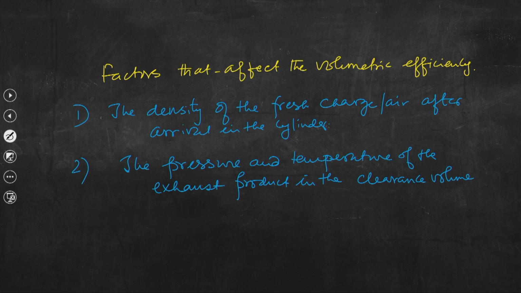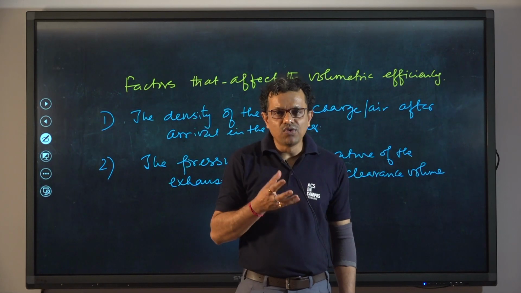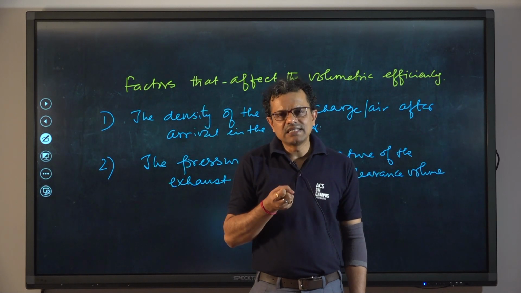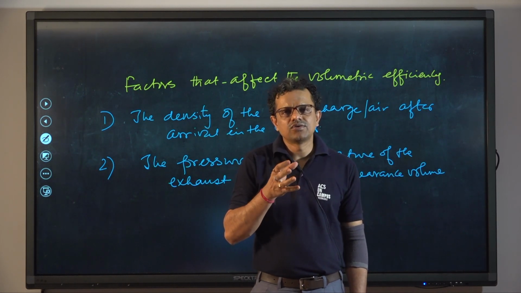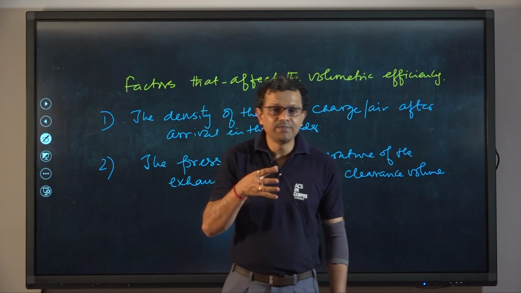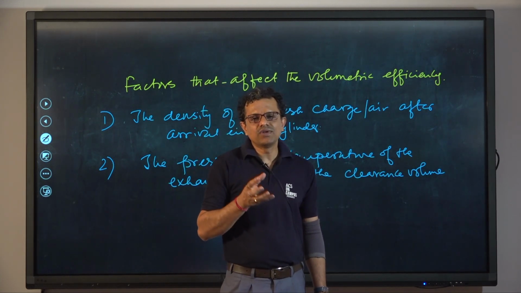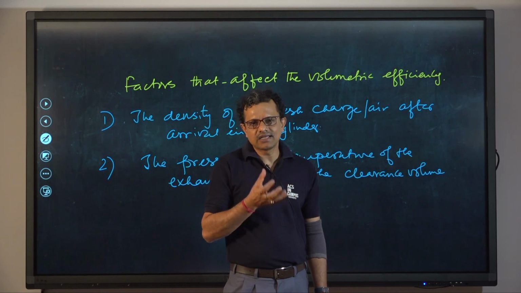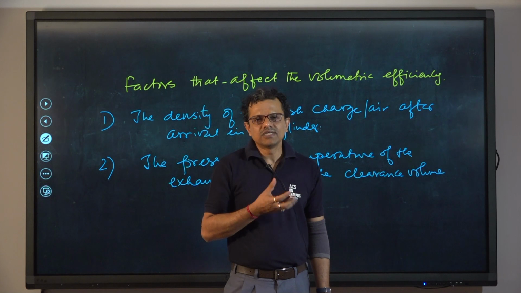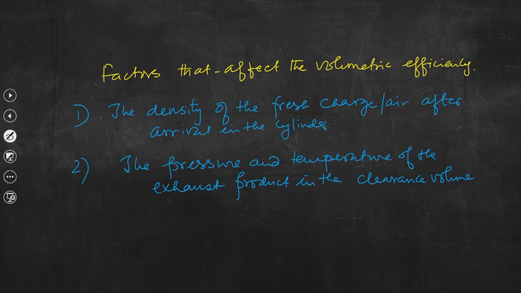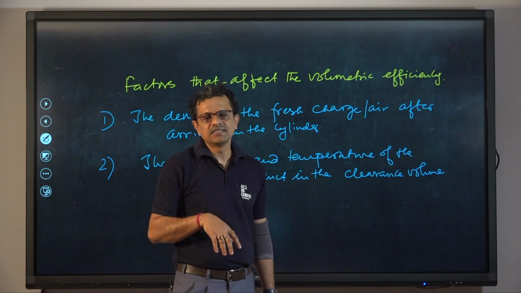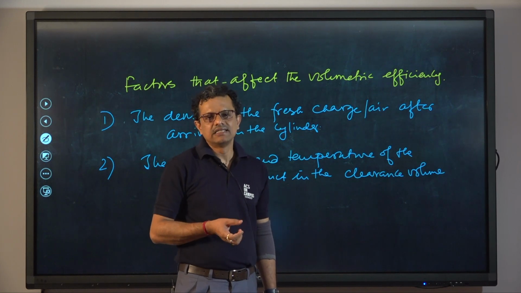Essentially, if the pressure of the combustion gases in the clearance volume is more, then when the intake stroke occurs, that will create some resistance to the incoming fresh charge. In that case, volumetric efficiency should be reduced. So, that is also very important. Ideally, pressure and temperature in the clearance volume should be such that they do not create too much hindrance for the incoming air to come into the cylinder.